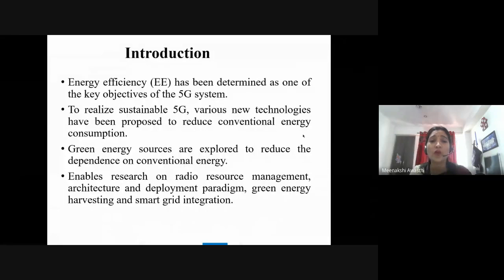Also, a lot of research is going on to improve energy efficiency, in which radio resource management, architecture and deployment paradigm, green energy harvesting and smart grid integration are the few areas we'll be discussing today on the energy efficiency part.